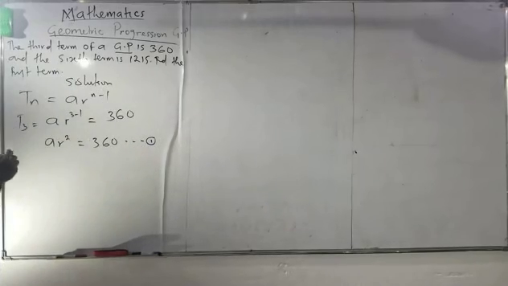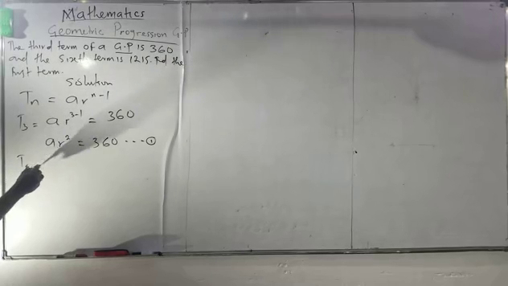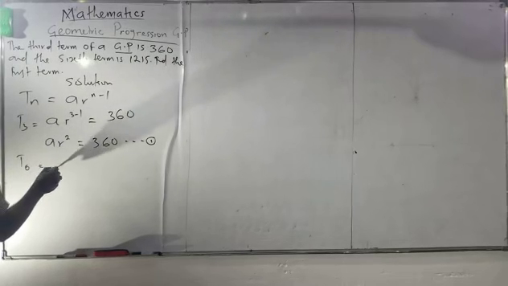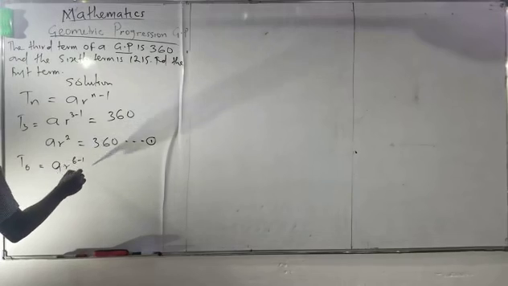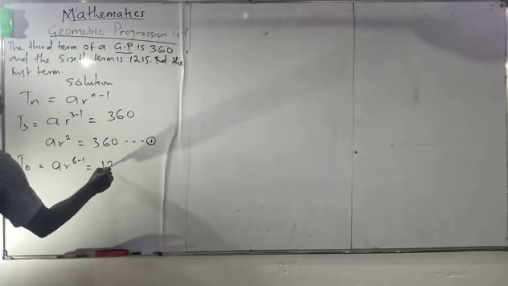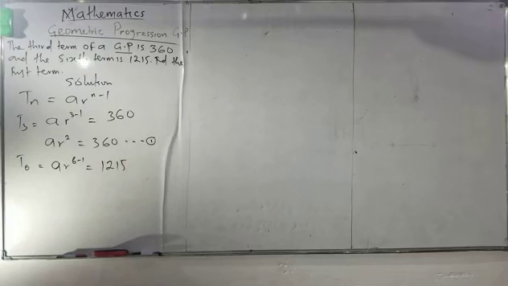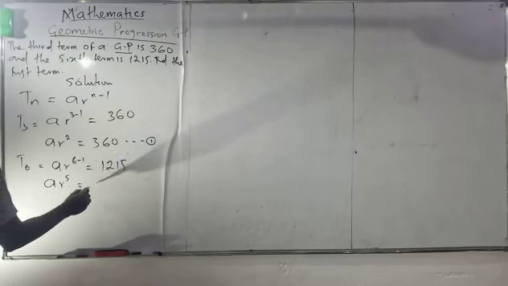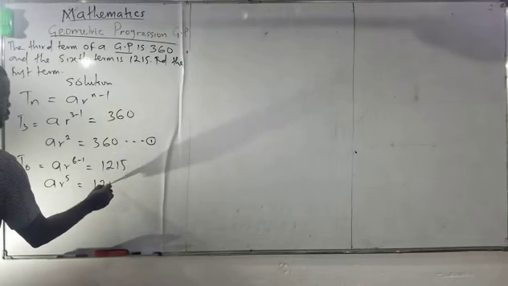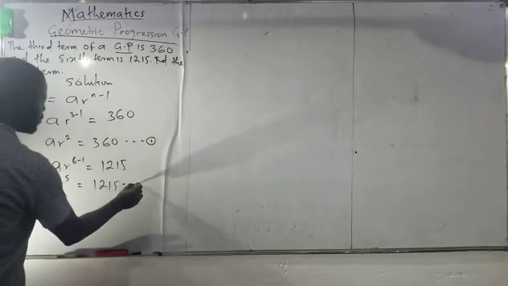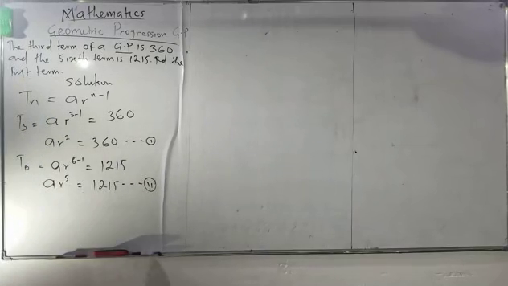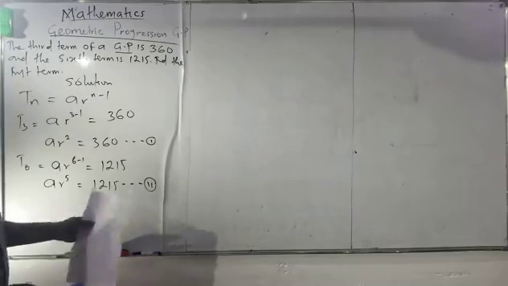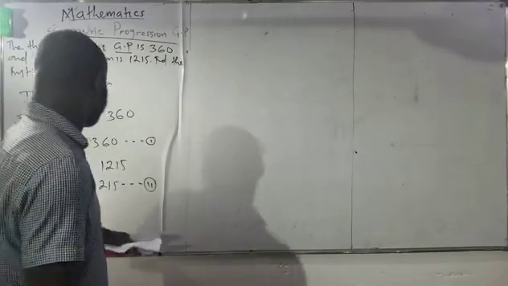Now the next one is my T6 equals to ar to the 6 minus 1 equals to 1215, which means ar to the 5 equals to 1215. Now I will call it equation 2. For me to have this to this level, the problem is half solved.